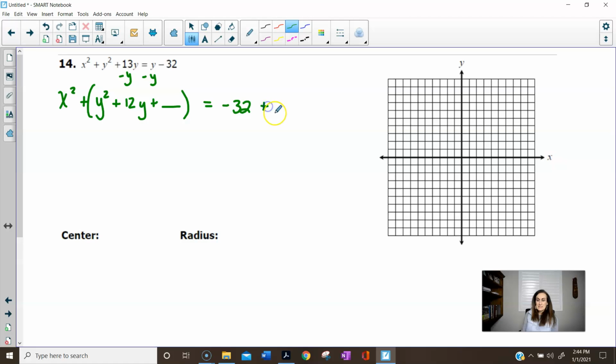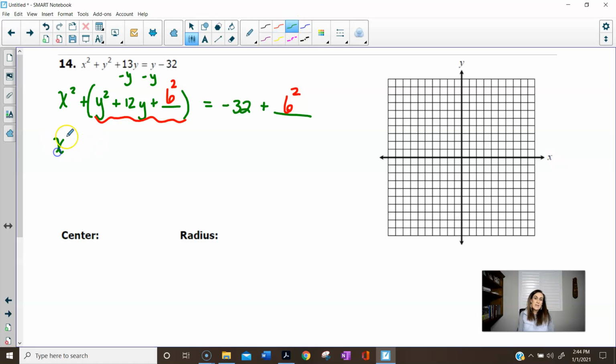This is where I'm going to complete the square, is equal to -32 plus something. So to complete the square, you take the b, which is 12, you divide it by 2. So 12 divided by 2 is 6, and you square it. And then you would add that to both sides. Now this is a perfect squared trinomial.